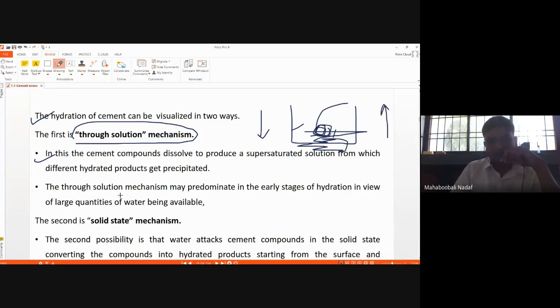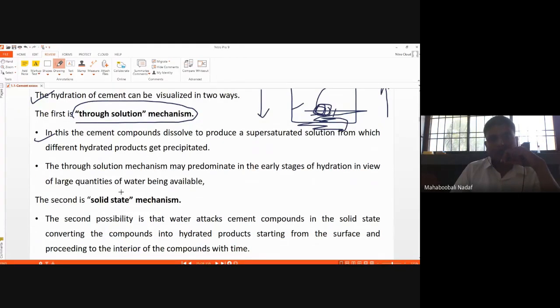This process generally happens at the starting stage when you add water, the first phase of the cement-water reaction, called the through solution mechanism. In the second state, what is that second state? Solid state. Here we have just understood that as the gel is forming more and more, water quantity is decreasing and gel is increasing.